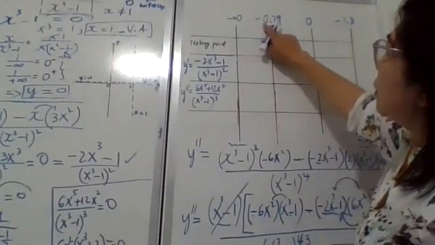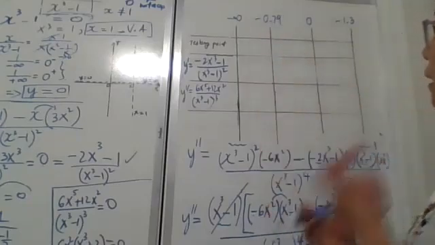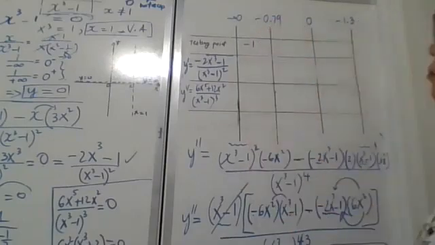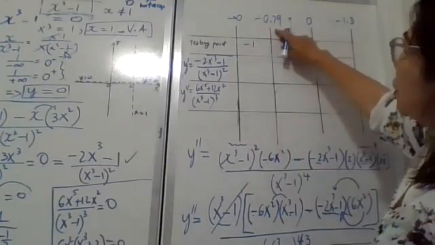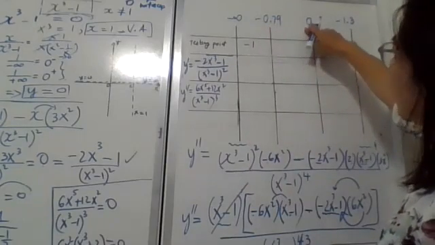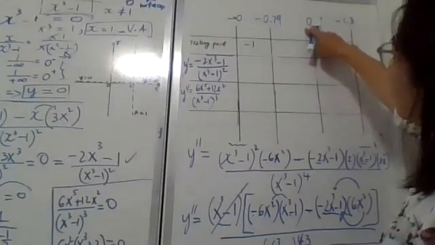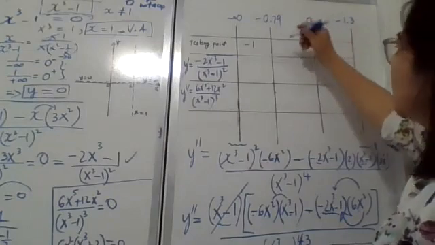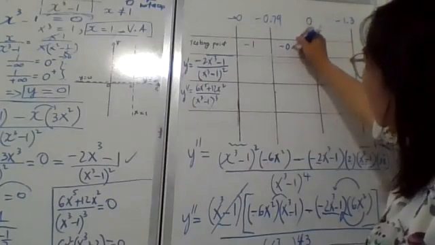Between negative infinity and negative 0.79, our testing point will be minus 1. Between this and this, we can choose minus 0.5, right?